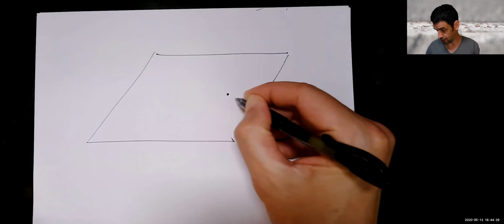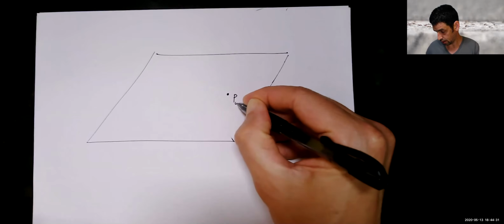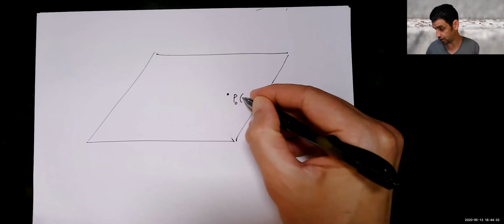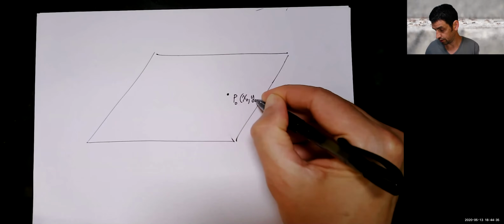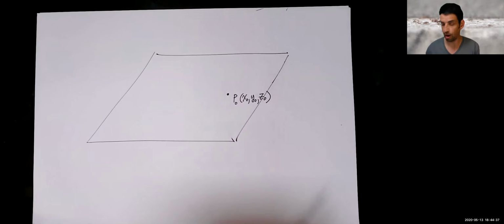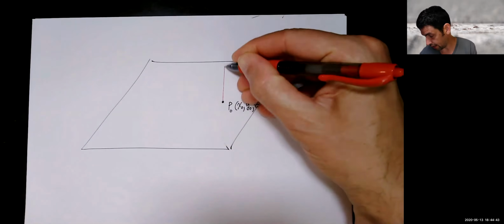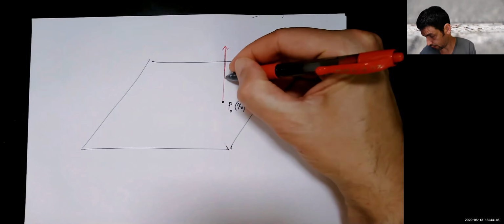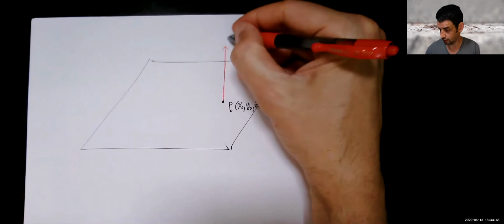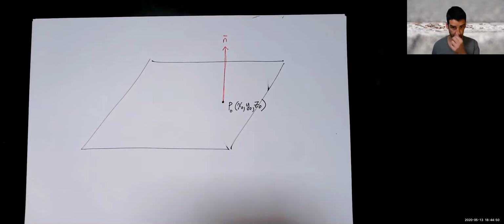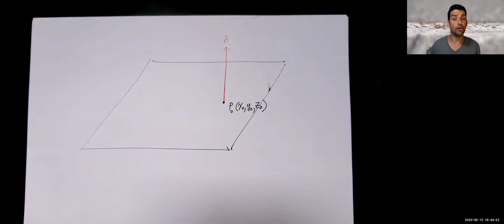Pretend that we know a point in this plane that I'll call P0, which I'll give coordinates x0, y0, z0. And we have this vector that I was calling n. I'm just going to draw it like this. This is n. We call this the normal vector.